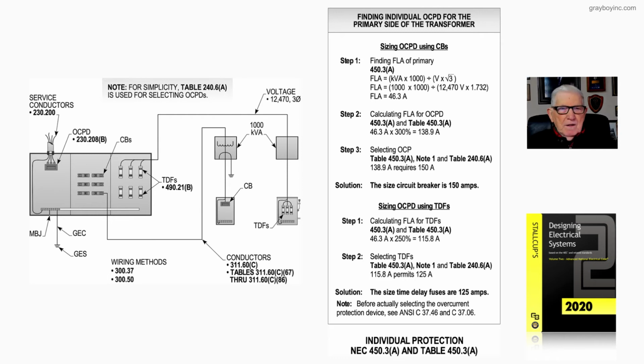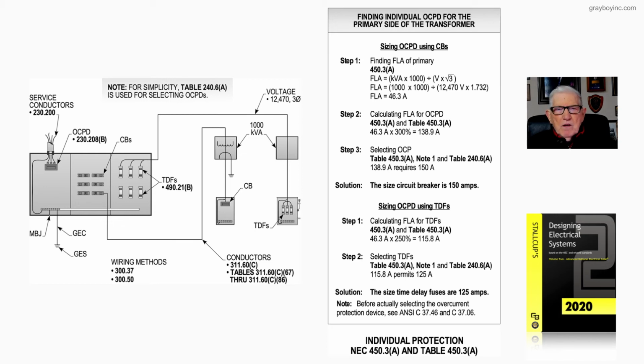138.9. So step 3, selecting the overcurrent protection device, and again we just use table 240.6(A) to keep it simple for you finding protective devices. The 138.9, 300%, 46.3, 138.9 in step 2.